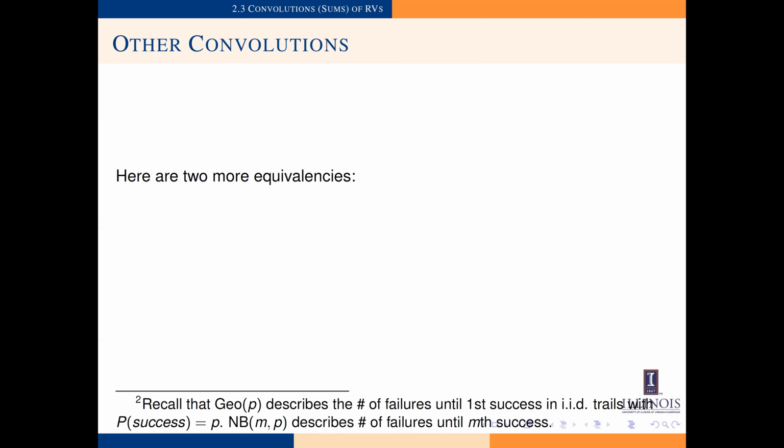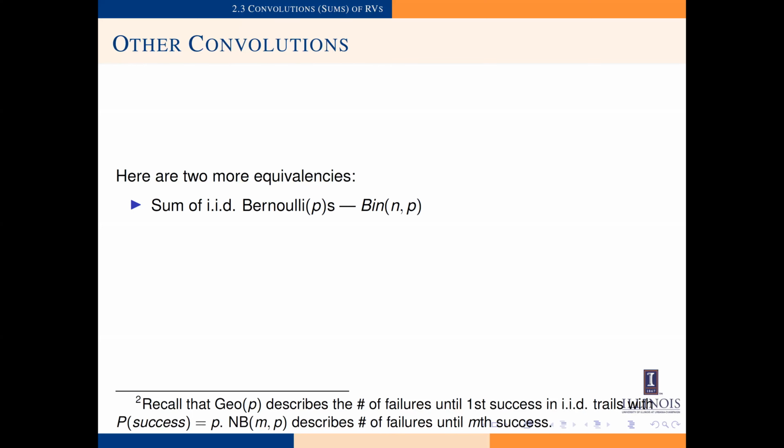Well, we have seen two examples of convolutions of IID samples in R. Aside from these two, so the chi-square distribution, which is the IID sums of Z squares, and the sum of exponentials, which results in a gamma random variable, here are two more equivalencies. First is perhaps a very straightforward one.